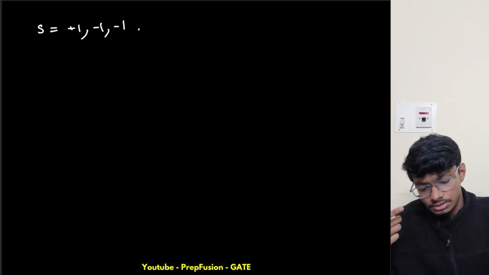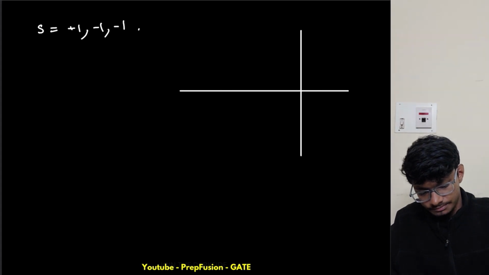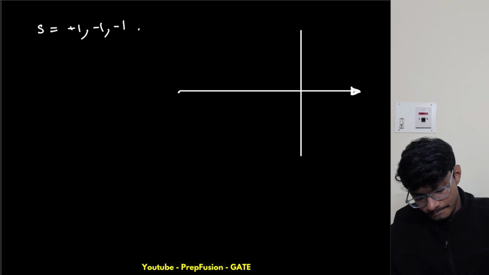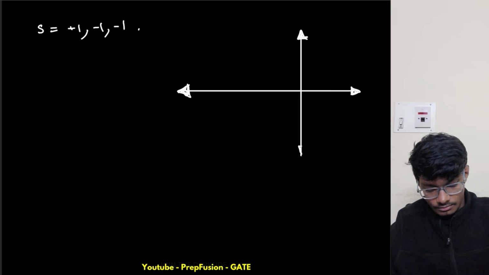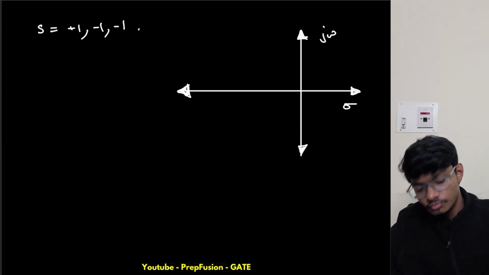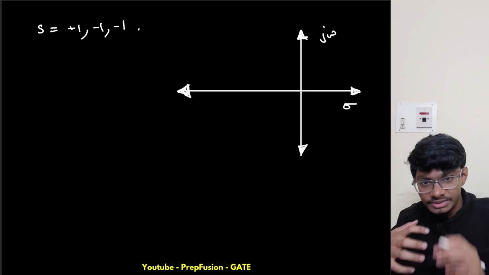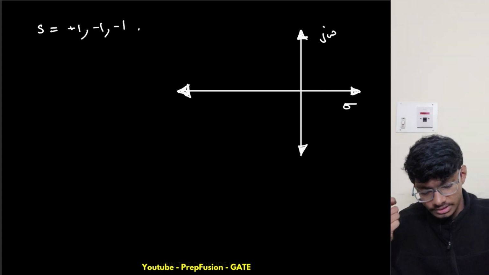So now let's draw this in the sigma j omega plane. From intuition, I told you where my poles will lie, but let's plot it directly by solving it.